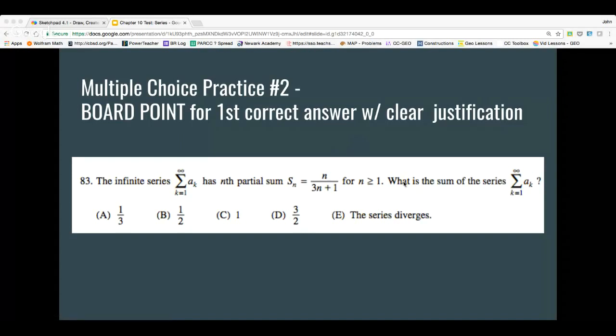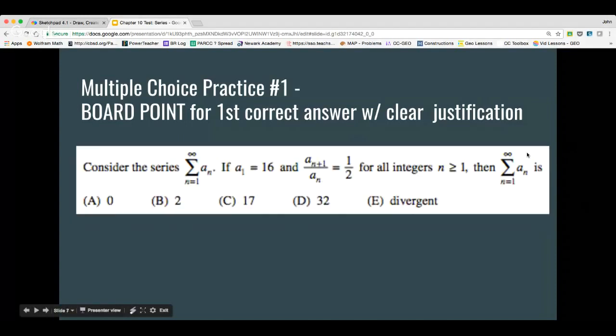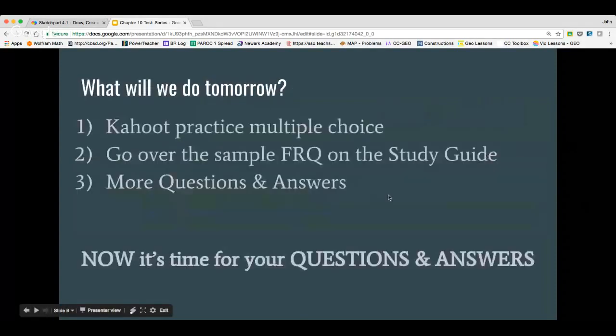Hopefully some more folks can join us here as we move on to a little more information about what we're going to do tomorrow, and then I'm going to open it up to your questions. So tomorrow in class, you're going to see more of those multiple choice questions. I showed you my desktop earlier in the presentation. There's a lot of problems. I'm going to pick a good 5 or 6 that we're going to do in a Kahoot. And then you'll see, obviously, 8 questions on your actual test.